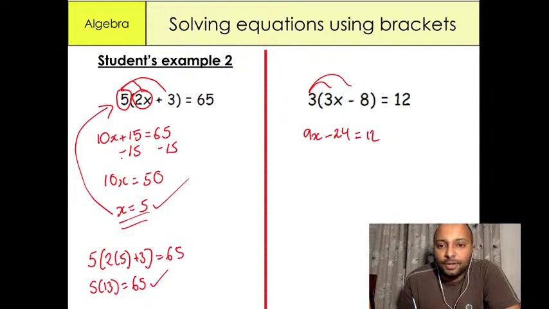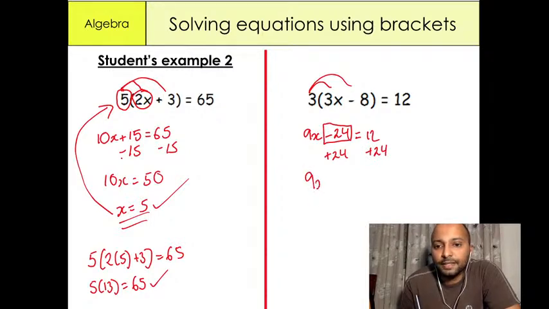Now we need to focus on this part of the equation, minus 24. I want to make minus 24 into 0, so I'm going to add 24 to both sides. We have 9x. So minus 24 plus 24 gives us 0, it cancels out. We have 36 on the right hand side of the equation.